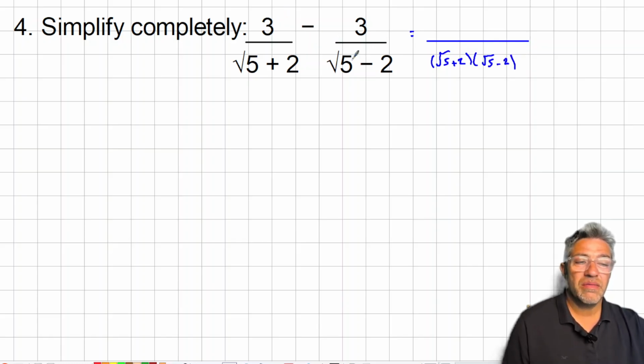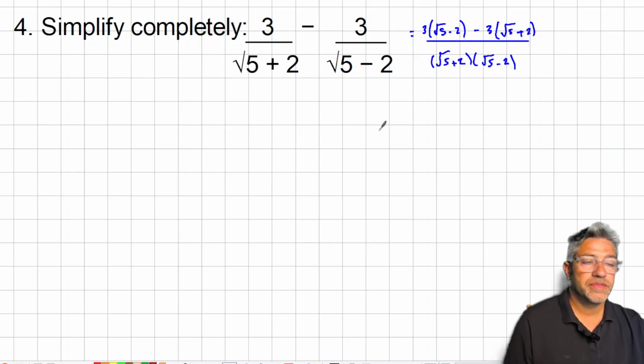If you like, my left-hand numerator will be 3, open bracket, root 5 minus 2, and we're subtracting. My right-hand numerator will be generated by 3, open bracket, root 5 plus 2. I'm just going to move over here so I've got a little more space.